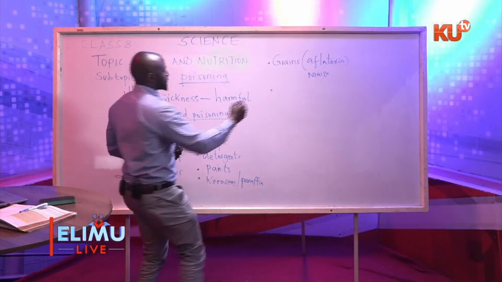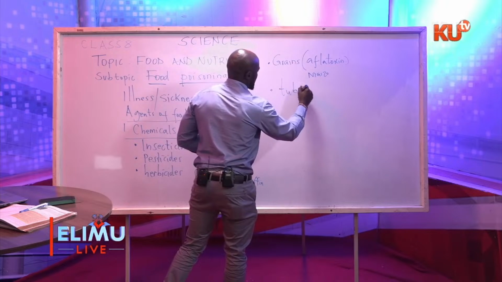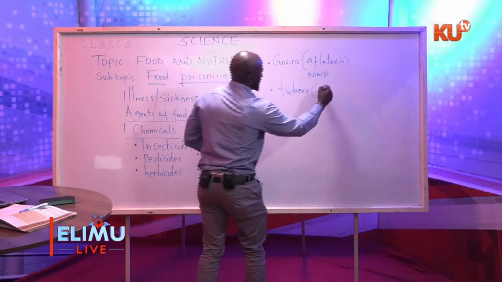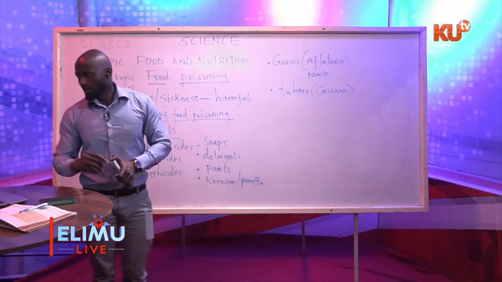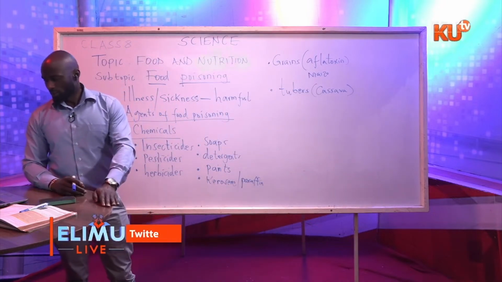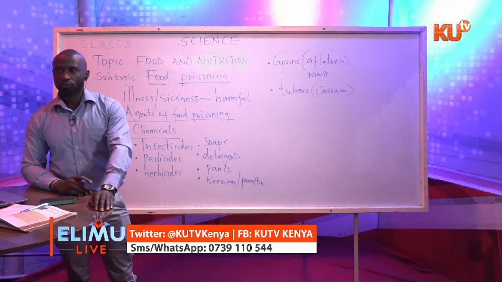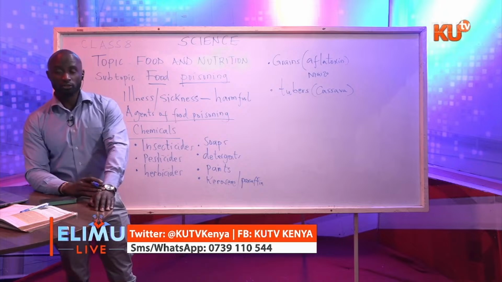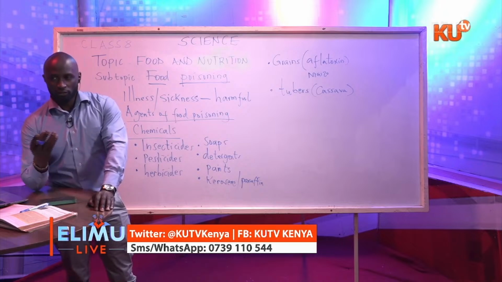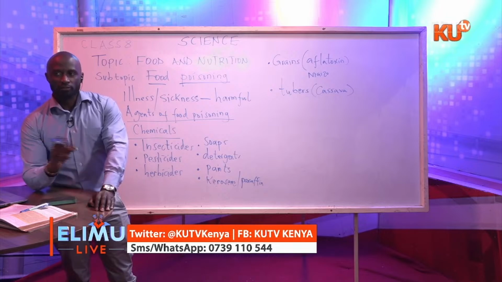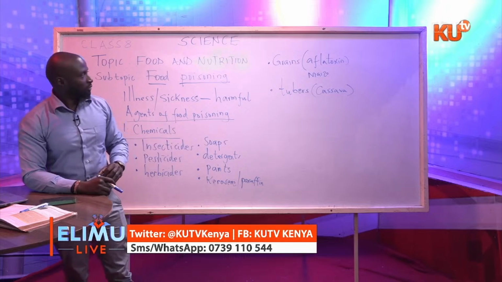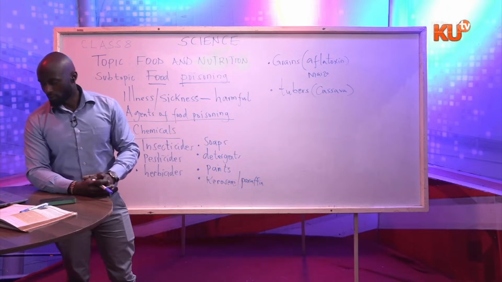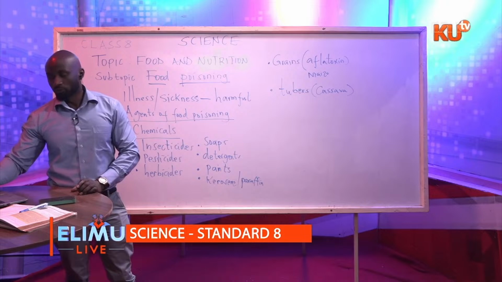So some tubers, especially cassava, naturally have toxins that can be poisonous if consumed. We shall look later on at some of the symptoms that you can observe so that you can ascertain if the food is poisonous or someone is suffering from food poisoning.